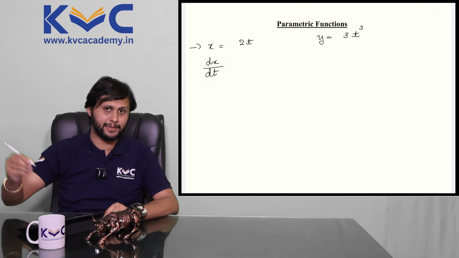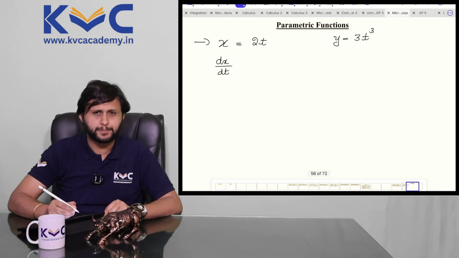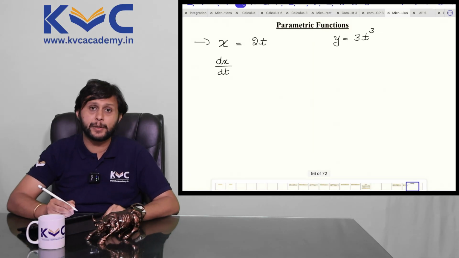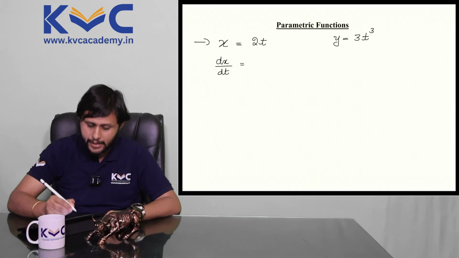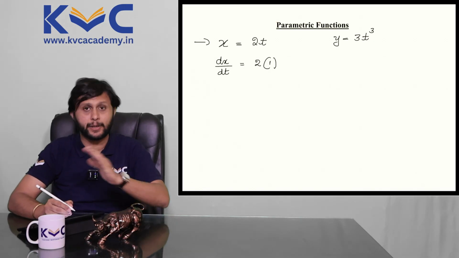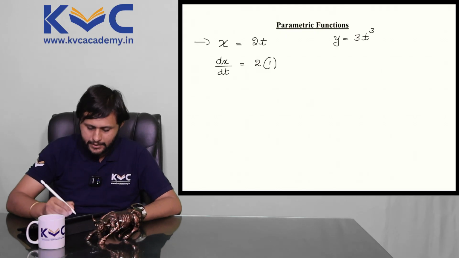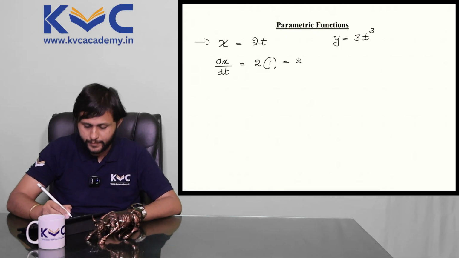So differentiating x with respect to t becomes dx by dt, equal to, differentiation of 2t. 2 is constant, differentiation of t will be equal to 1. Same as differentiation of x with respect to x is 1, differentiation of t with respect to t is also equal to 1. This answer is equal to 2.